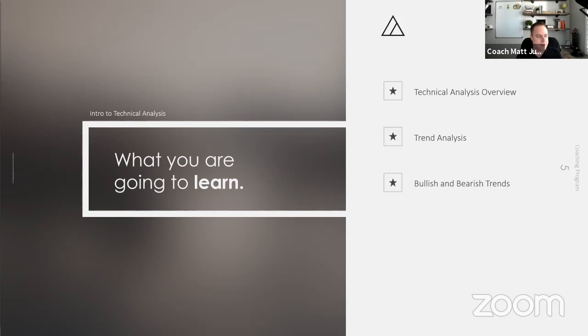History has a tendency to repeat. Patterns have a tendency to repeat. And so we're going to get into the concept of what creates those bullish and bearish trends. And in that concept is a very important technique called identifying pivots. And that's what support and resistance really is. It is pivot identification.